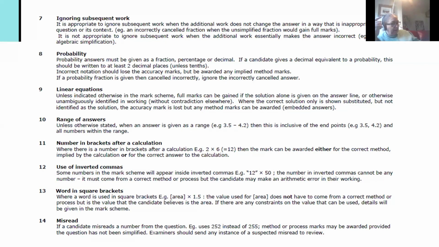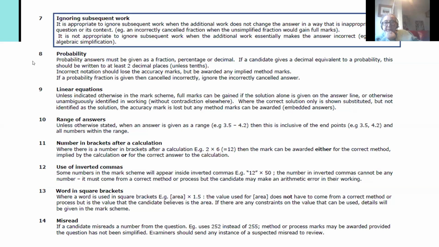So ISW. Sometimes you see this a lot in a paper or over a series of papers in a sitting. I've picked up some examples where it's appropriate to ignore subsequent working, and you'll see that in action.